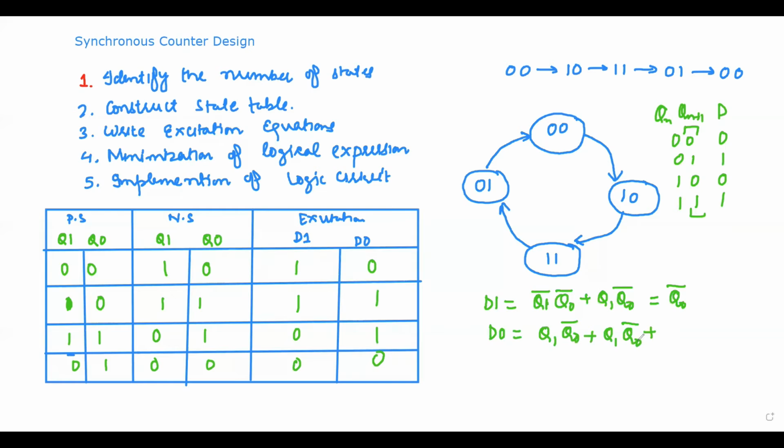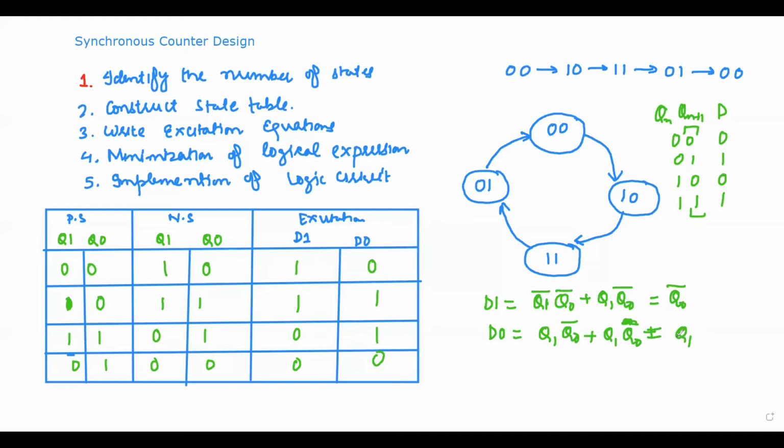Here Q1 is common, and the remaining terms cancel out, so this is equal to Q1. In this way, we get the final expression.